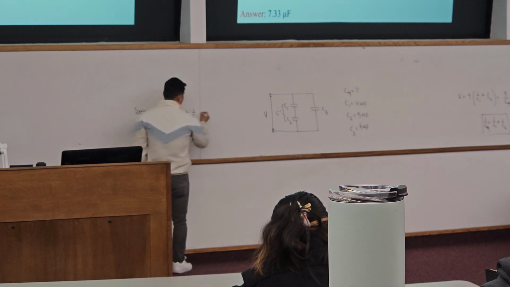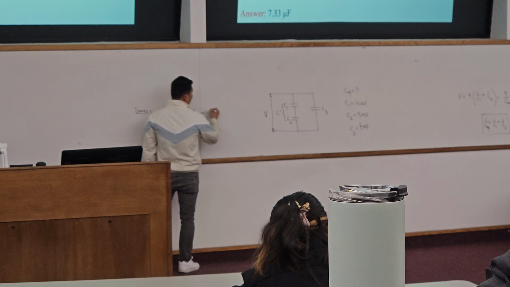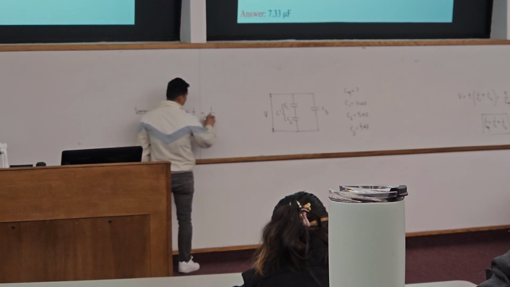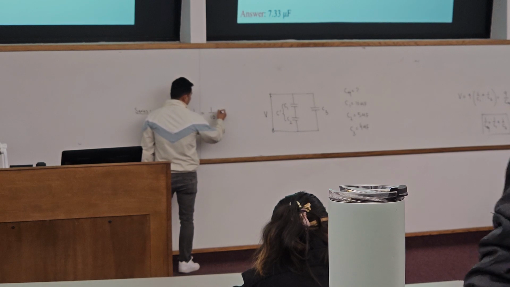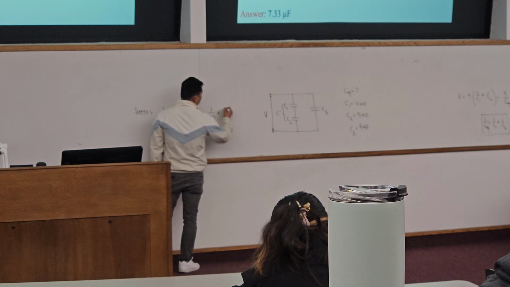Once you combine, I just put a C prime: 1 over C prime equals 1 over C1, which is given as 10. I just remove the microfarad because I want to make my work neat and clean. And C2 is 1 over 5.